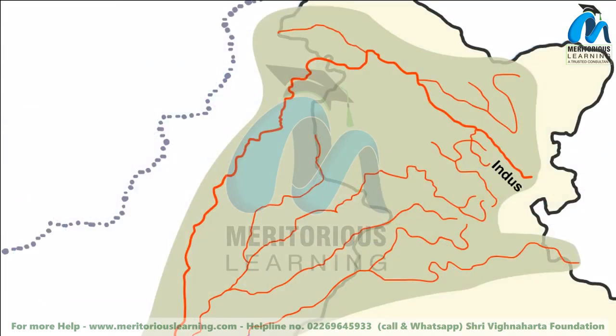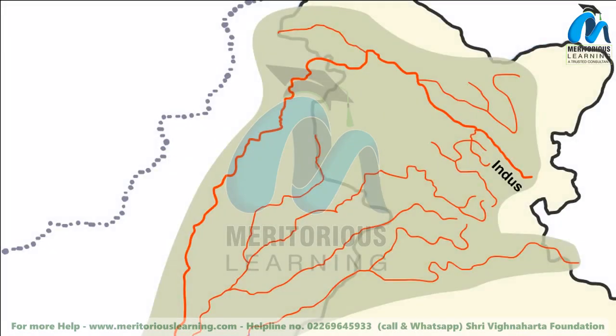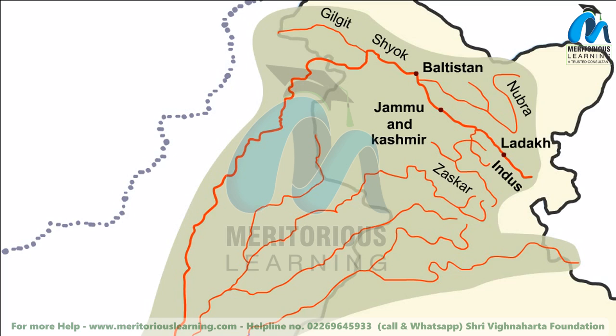The Indus River System. Indus, also called the Sindhu, is 2,900 kilometers long. It enters India from Ladakh in Jammu and Kashmir. Joined by major tributaries Shyok, Zaskar, Hunza and Nubra, it flows into Baltistan and Gilgit and emerges from the mountains near Attock.